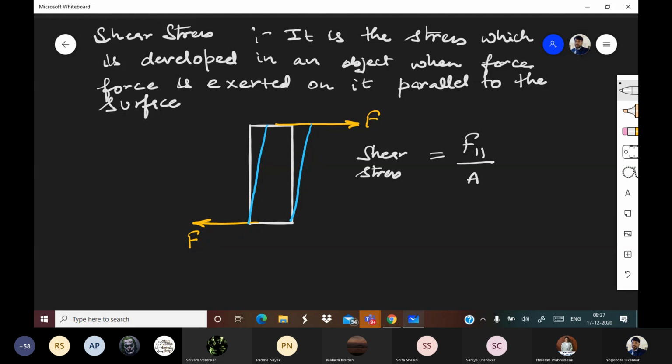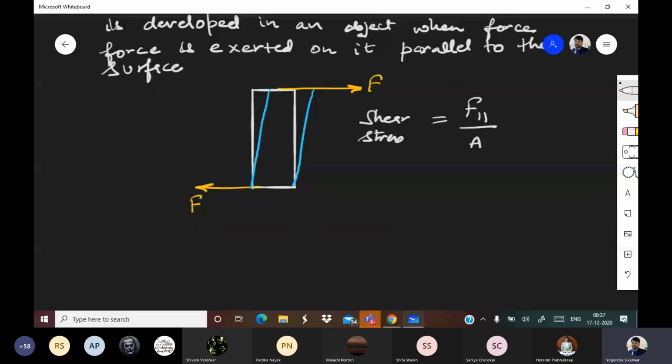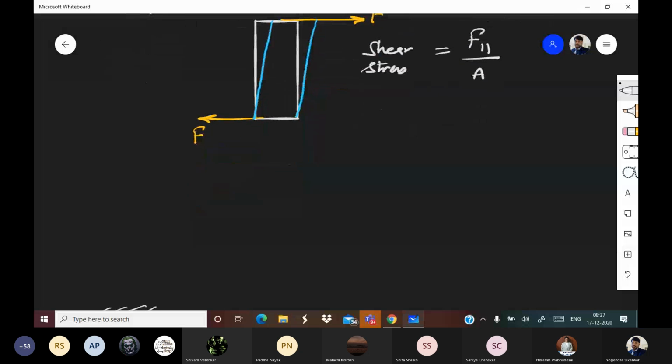Okay, so let me give you a question. An AC of mass 20 kg, I'm taking a tentative figure, value can be something else also.